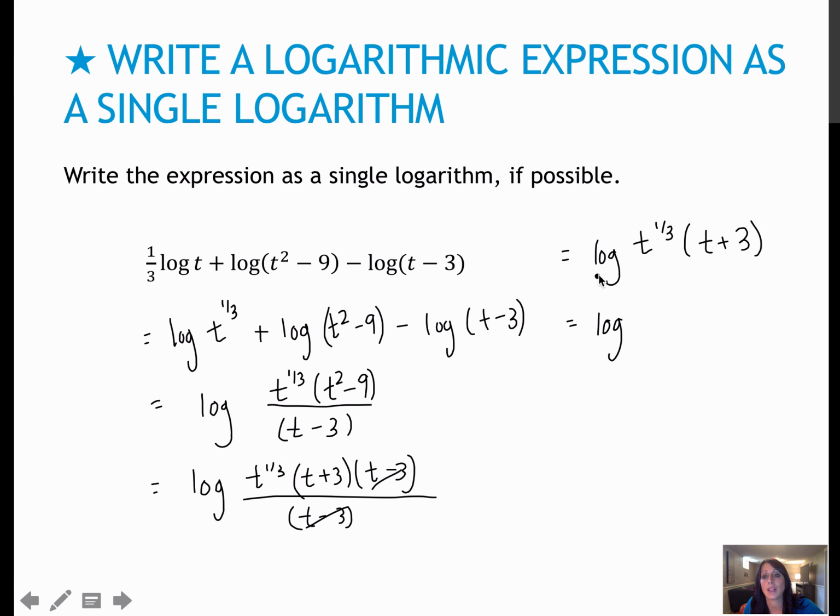In general, I would think that this is the most simplified version of the solution, but if they want it without parentheses, then I would multiply that. I would have t to the 4/3 plus 3t to the 1/3. There are other ways to simplify it as well. I would probably leave it just like this. If they wanted a single radical, you could write it in that way as well, but we'll just stick with this for now.